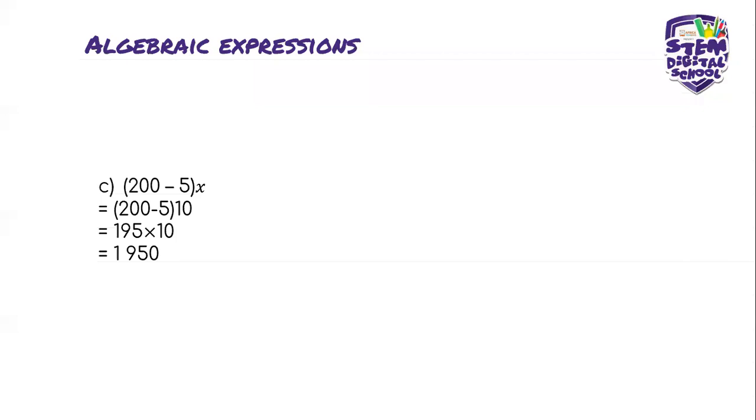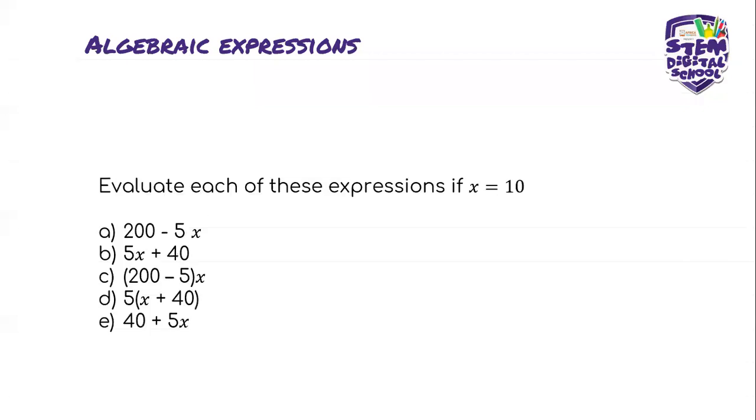And then you can proceed to do D. In D there, you have 5 open bracket x plus 40. And then, of course, you are given the value of x, which is also 10. Can we have a volunteer to substitute the value of 10 in this expression D? Is there anyone who wants to substitute 10?